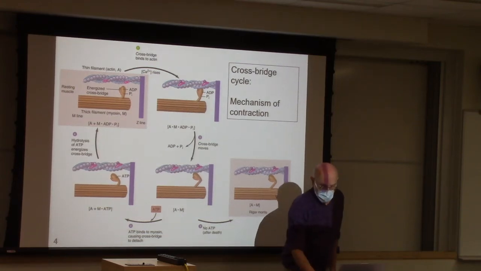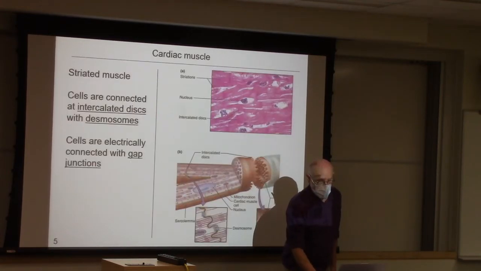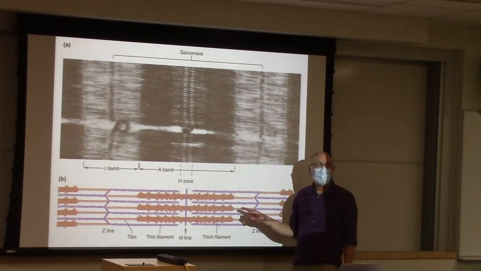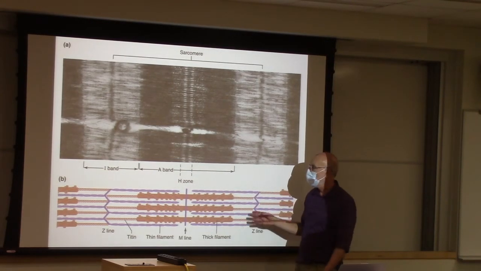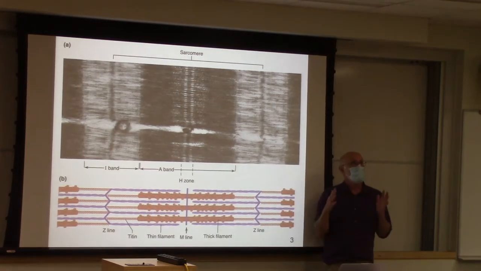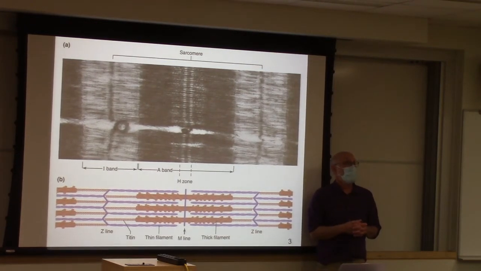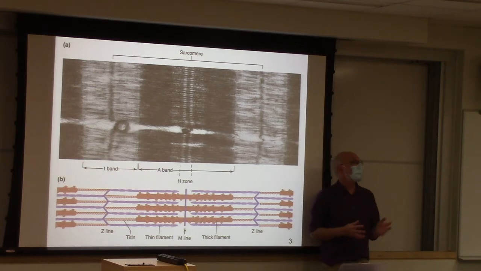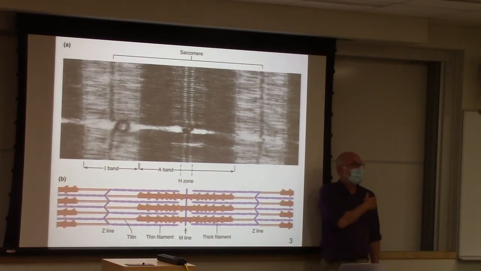Okay? So the cross-bridge cycle, triggered by calcium, causes the myosin to pull the actin thin filaments, shortening the sarcomere, causing contraction of the muscle. That's the skeletal muscle cross-bridge cycle, which I do think is part of your quiz.